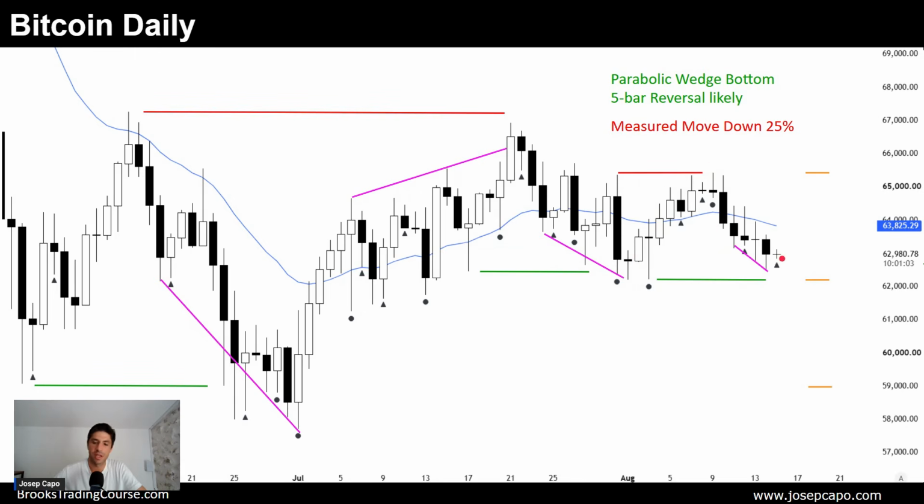So I believe that if there is a bear breakout of this parabolic wedge down, the price will likely see either a fast momentum move towards testing the lows of the trading range, or some kind of second leg down, trying to reach this measured move down.